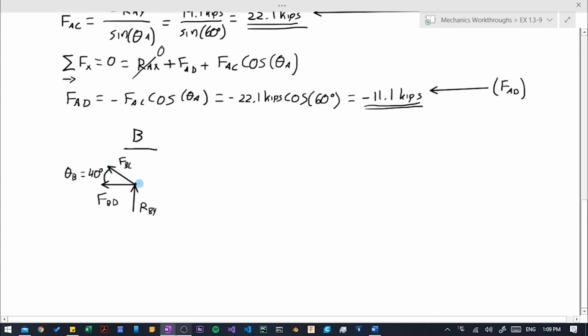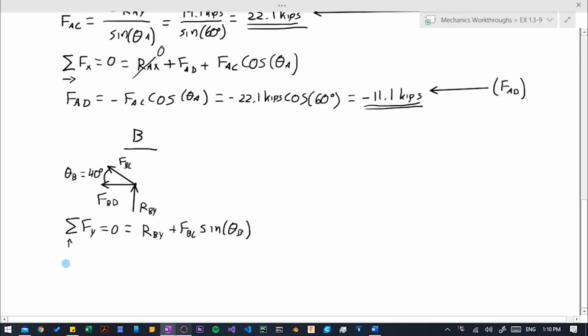So we're going to start with our summation of forces in the y direction again, so that we don't have to take into account one of our unknowns. To find the component in the y direction, we multiply by the sine of the angle.